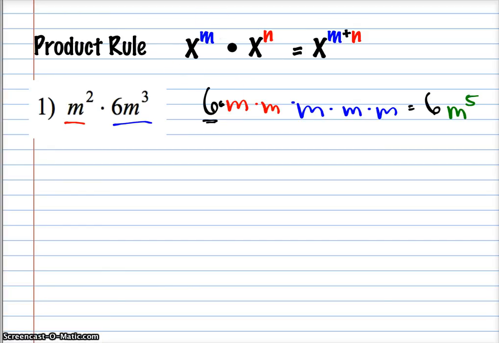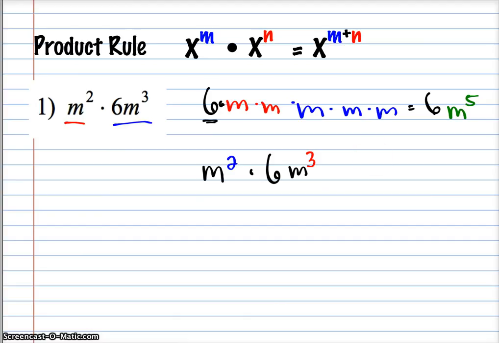If I were to use my exponential form and use my rules, this is the same question, just written in a different way: m squared times 6m to the 3rd power.